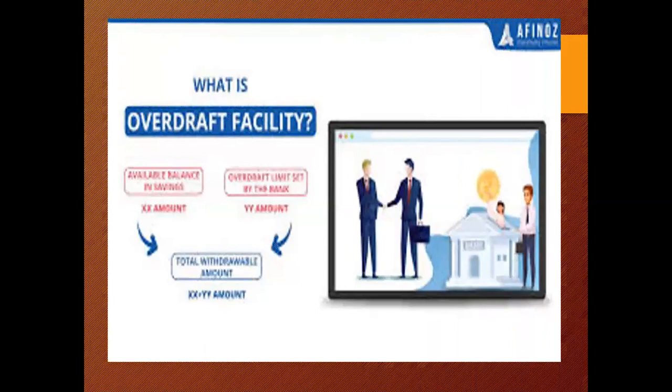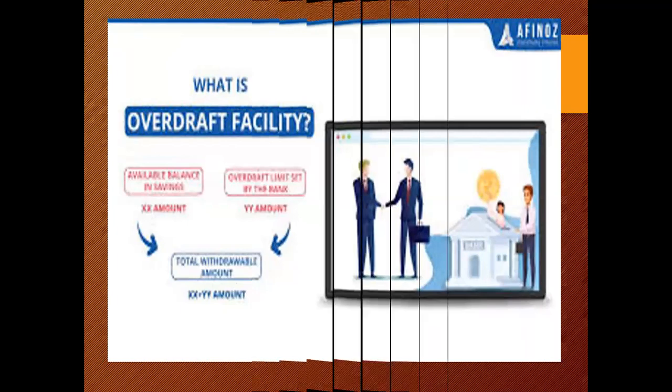Just to show you, if your available balance in your account is X amount and the overdraft limit set is Y amount, then the total withdrawable will be X plus Y. Suppose you have 50,000 in your account and 1 lakh OD is sanctioned. So you can withdraw a total of 1 lakh 50,000. This is how OD facility works.